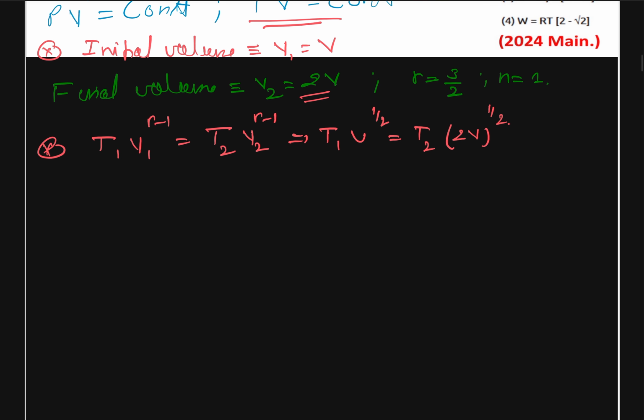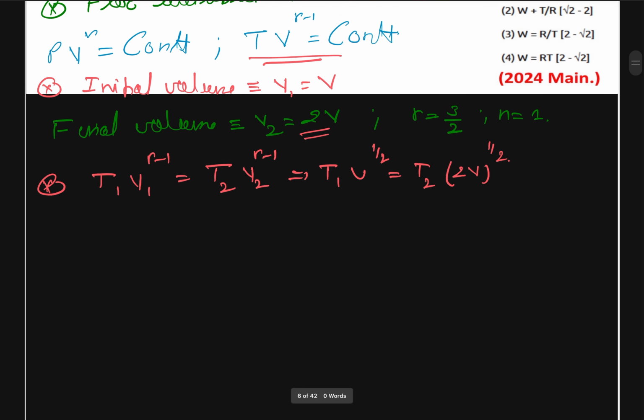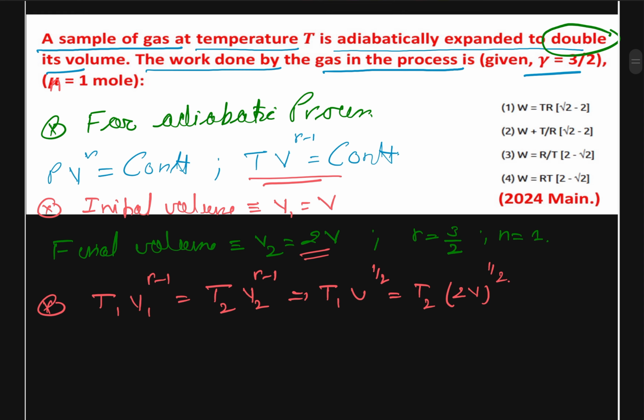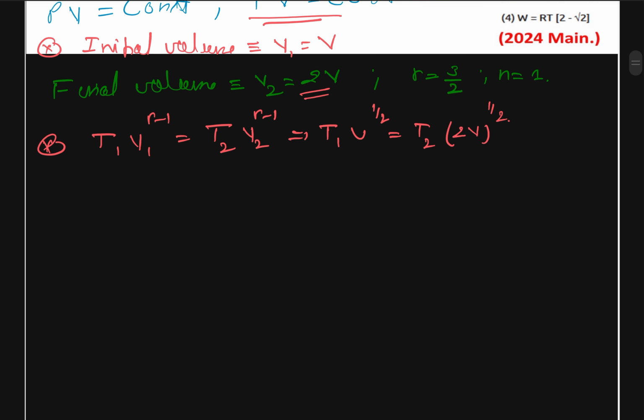Therefore, the initial temperature, that is T1, is equal to T. So we substitute, and this comes as T times (V upon twice V) whole raised to power 1/2 is equal to T2, and this V and V cancel out.